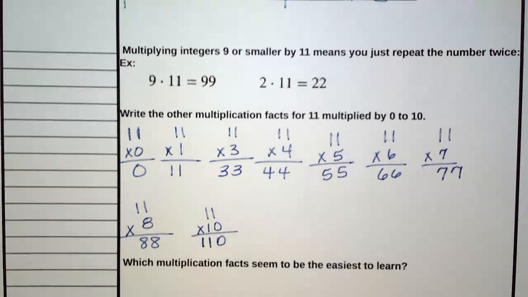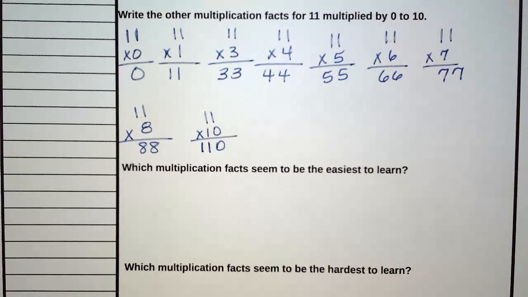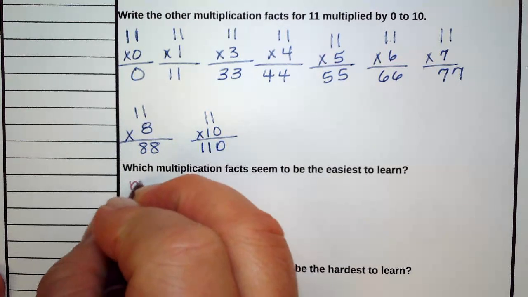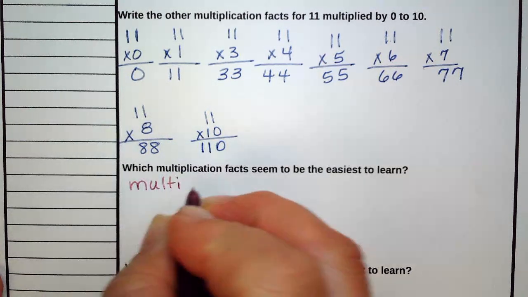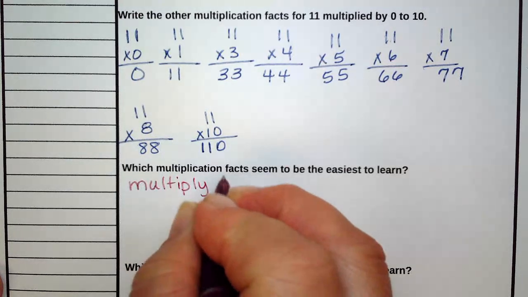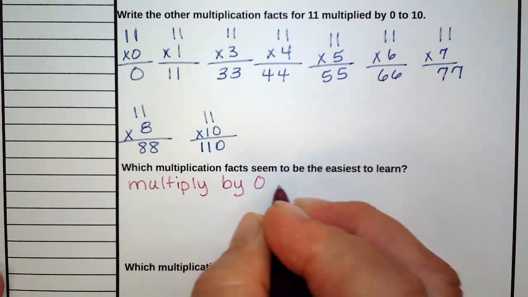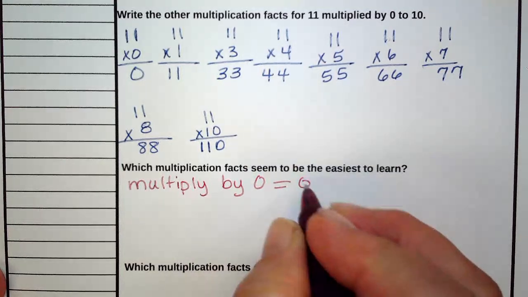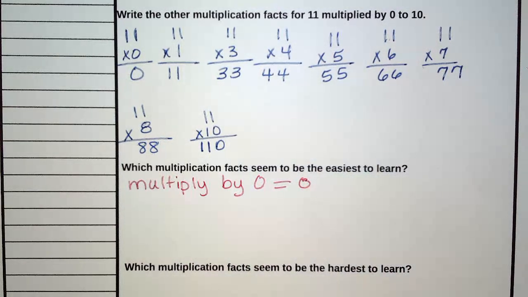Okay, so thinking about all these multiplication facts that we're learning, which facts seem to be the easiest to learn? Well, I think multiplying by 0, it's simply equal to 0. Then another one that's really easy is multiplying by 1.